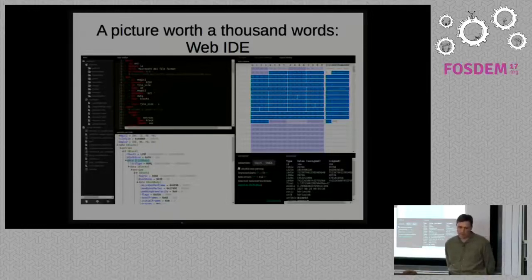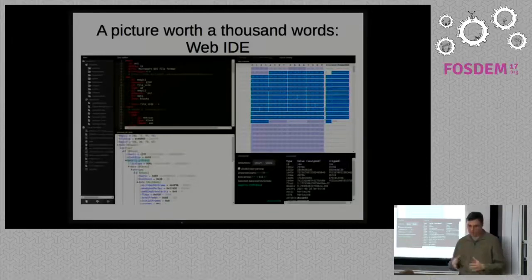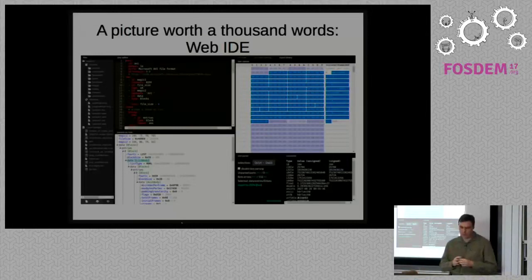Here we have simultaneously an editor to see and edit the KSY file. It's in the upper left corner. In the upper right corner there is a hex dump of some loaded file. Here we have a Microsoft AVI file and its corresponding format description.